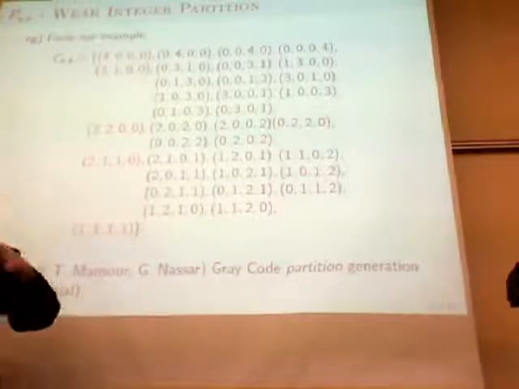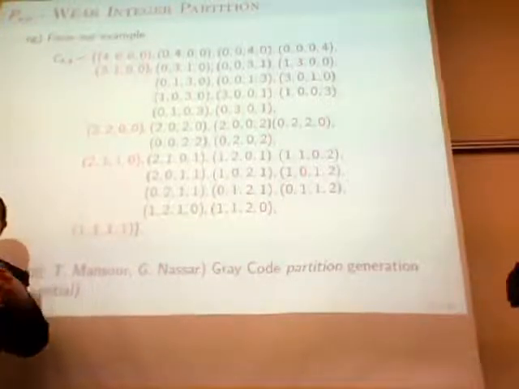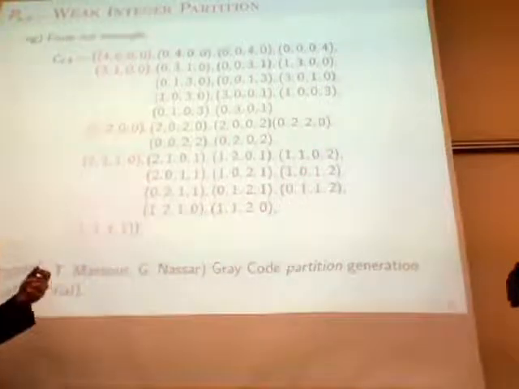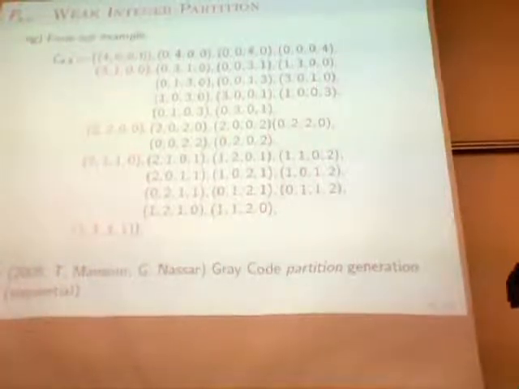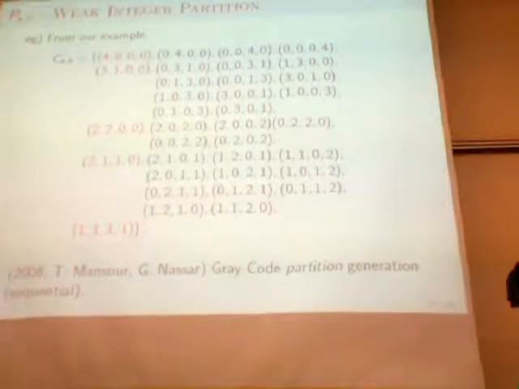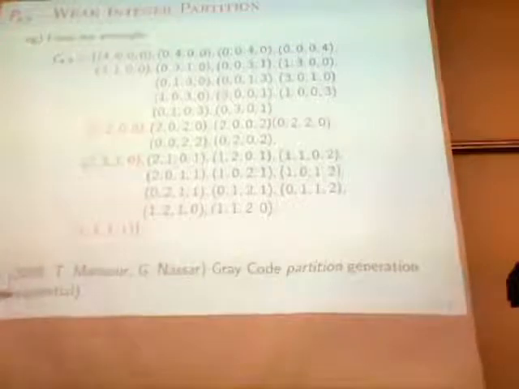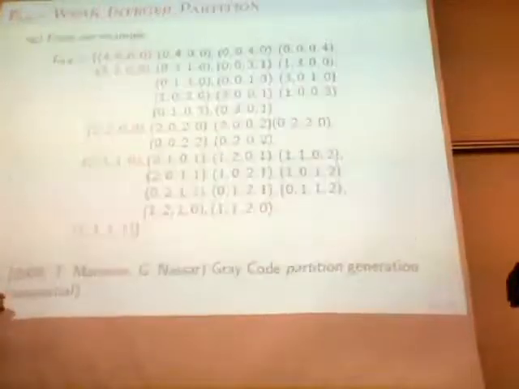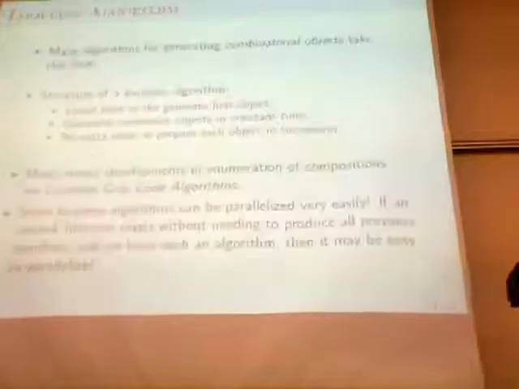So if anybody's interested in low-level machine implementations and they like using bit operators, this stuff comes up all the time. So if you want to get yourself a weak composition out of a partition, all you do is permute the elements. And note that in 2008, they did come up with one for generating these using Gray codes. Not that sequential here, but I'm going to come back to that.